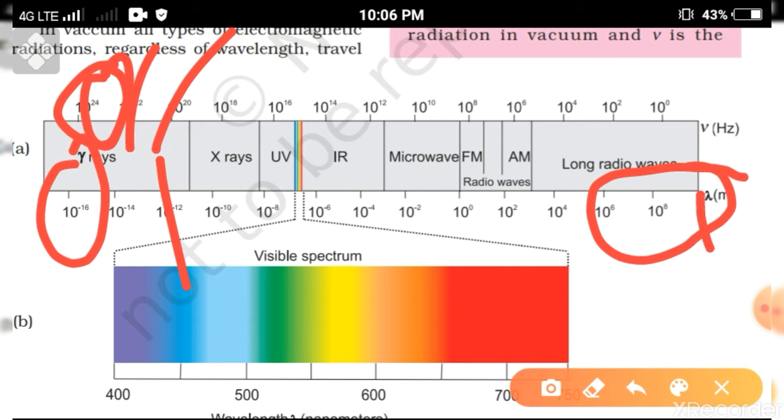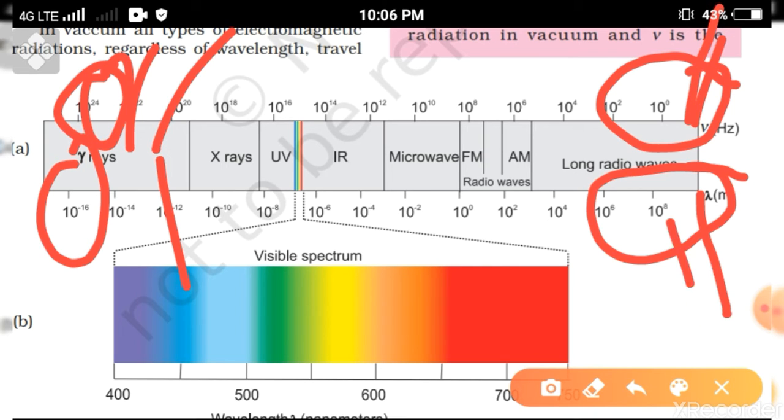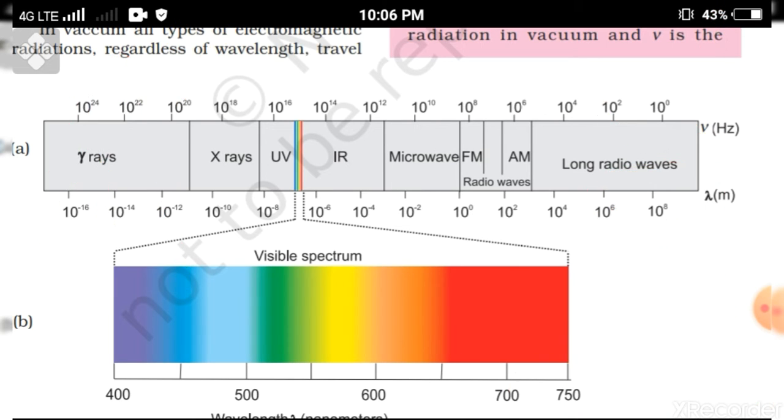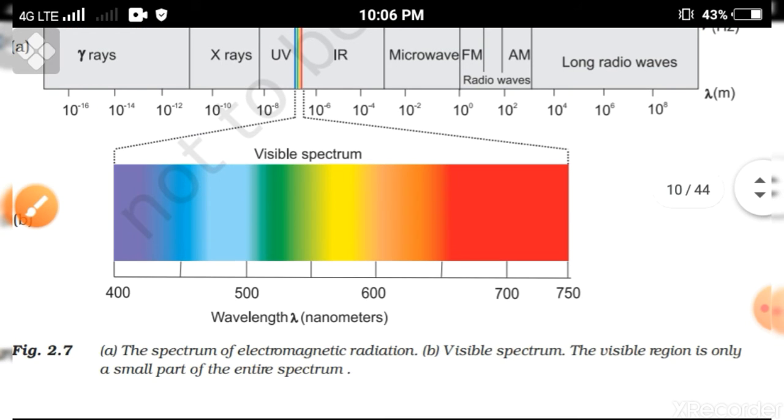Radio waves have higher wavelength, so their frequency is lower, just opposite. This is the relation between the frequency and wavelength of different radiations or spectrum. If frequency is lower, wavelength is higher; if wavelength is lower, frequency is higher.